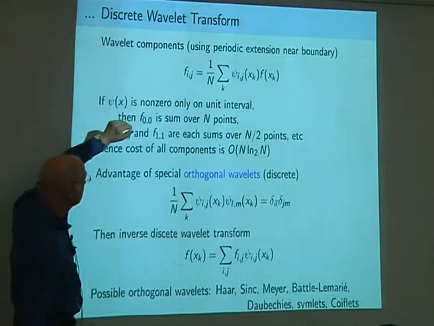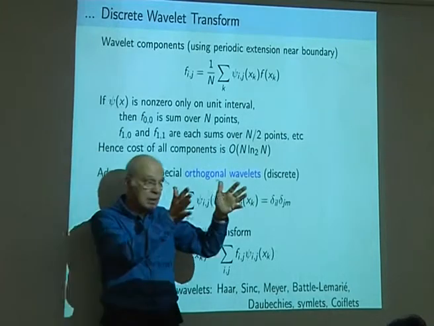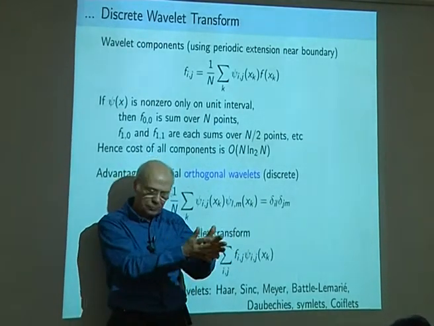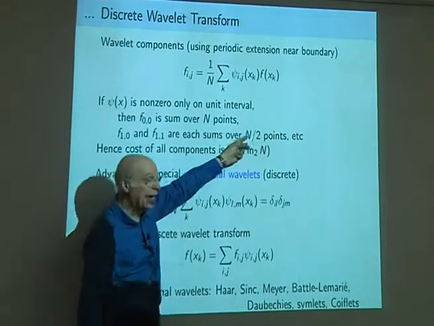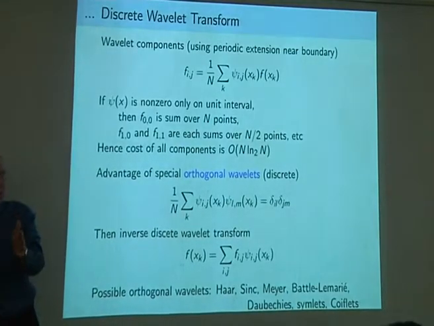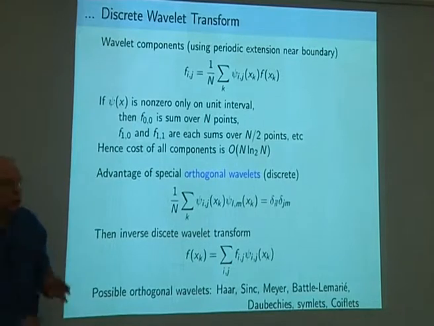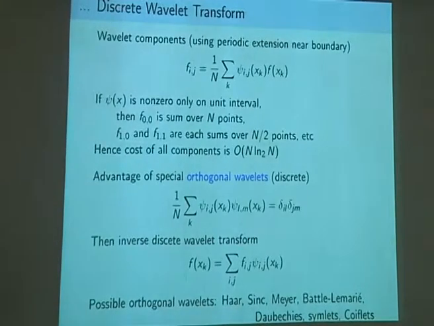And you can work out that while the base one involves a sum of n terms, the subsequent ones really are involved in half intervals. There's two of them at n upon 2, and then when we get to the quarter level, there's 4 of them, but they only involve n upon 4 points. And the sum of the operations is therefore n log n. So to work out the discrete wavelet transformation, it's an n log n operation. It's not n squared. That's really exploiting this sort of localization.